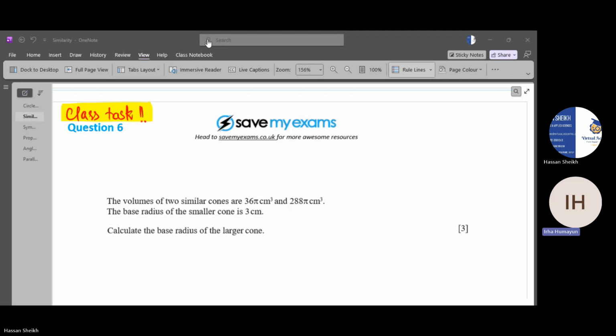So for finding the radius of the large cone, we can keep the base radius of small cone up or down anywhere.